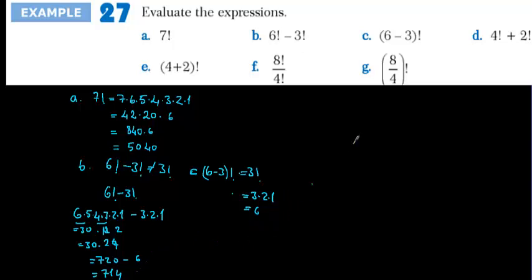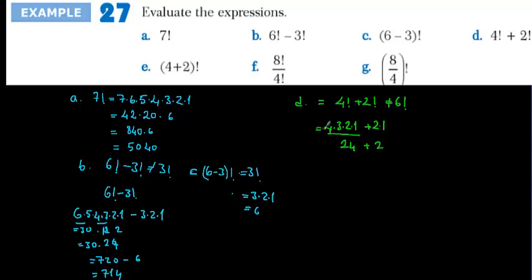Now 4 factorial plus 2 factorial I'm going to do. This is not equal to 6 factorial. This is the D1. It is equal to 4 times 3 times 2 times 1 plus 2 times 1. Here 3 times 2 times 4 is equal to 24, and 2 times 1 is equal to 2.